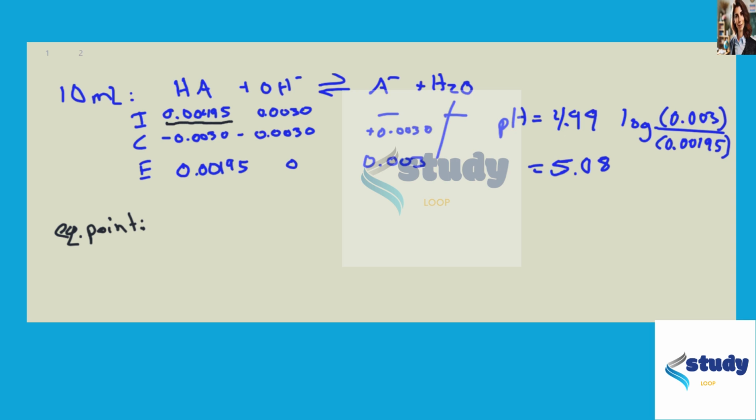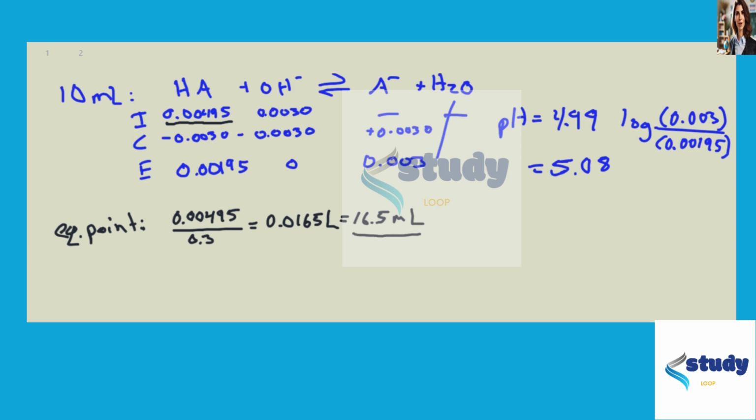So if we divide this value for moles by 0.3, which is the concentration of the hydroxide, we get 0.0165, or 16.5 milliliters. So this is the volume of our equivalence point.